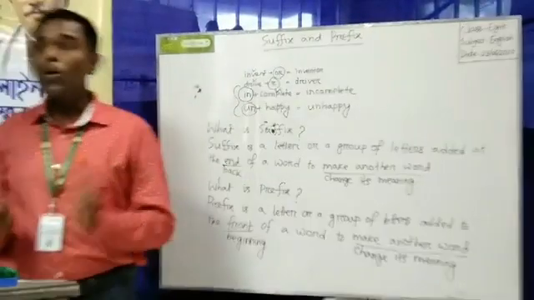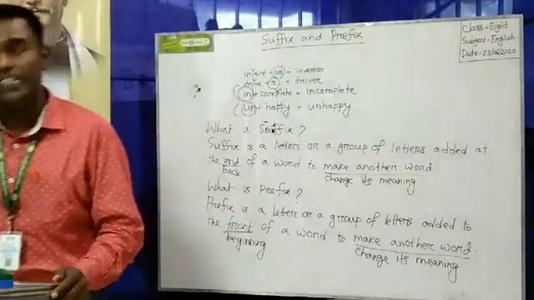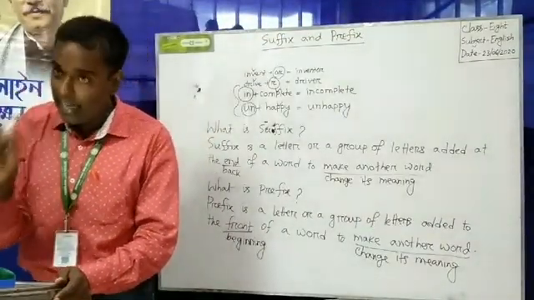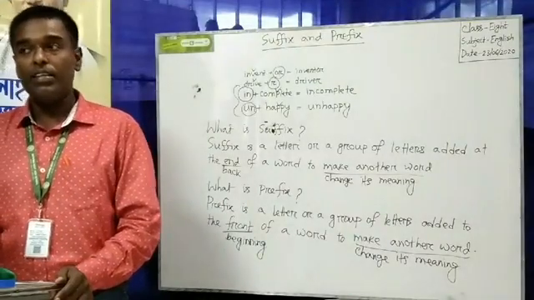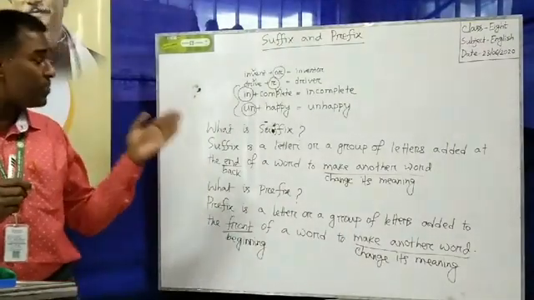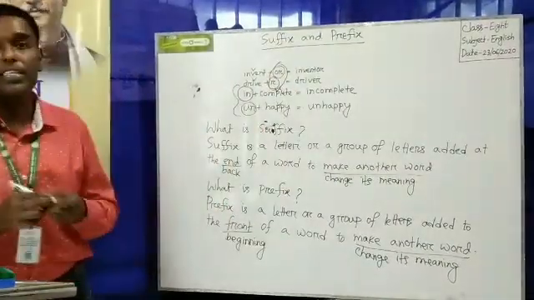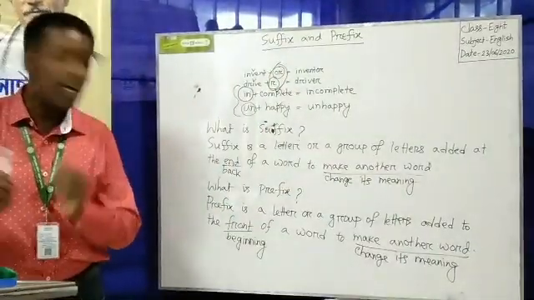So dear learners, what is the difference between suffix and prefix? When we add a letter or a group of letters at the end, that means at the back of the root word, it is called suffix.